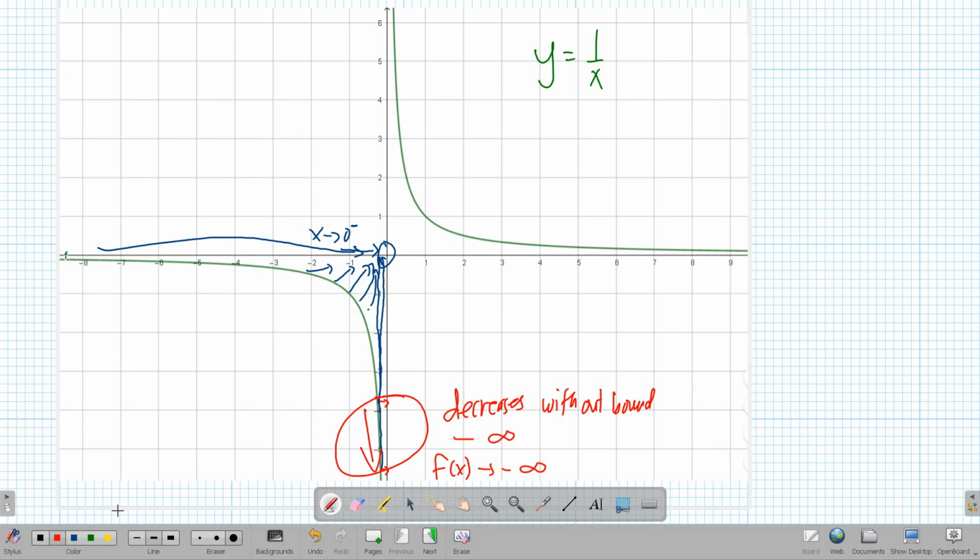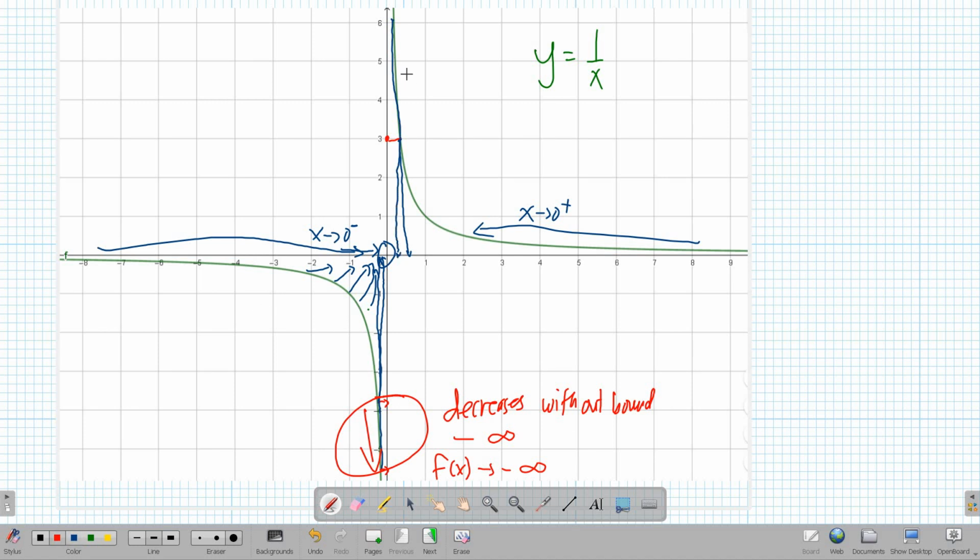On the other hand, let's take a look at x approaching 0 from the right. For example, this point here, that's the x value of this point. Its y value is 3. And if we look further, let's say this point, oops, sorry, there you go.